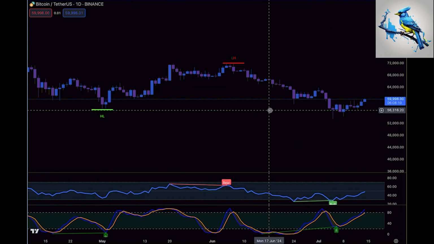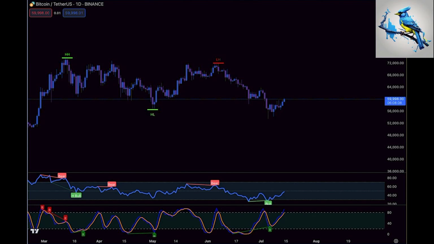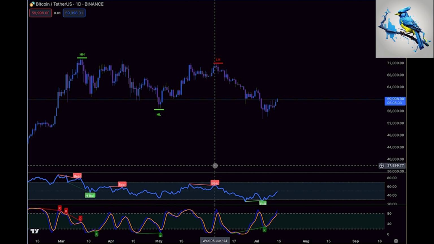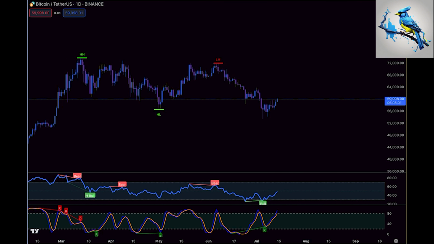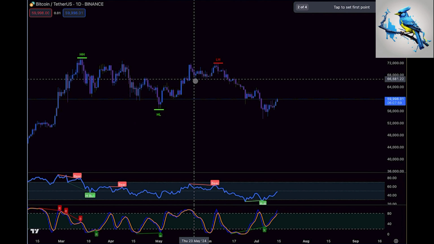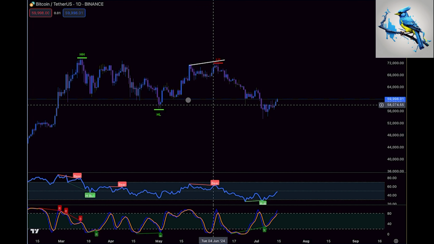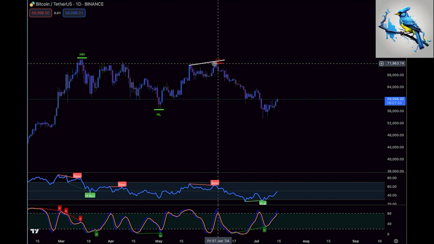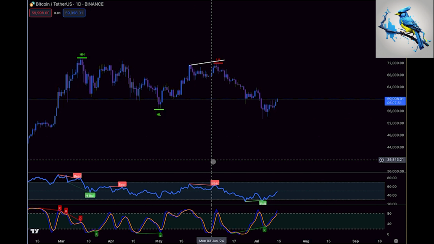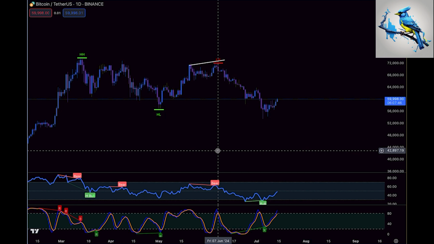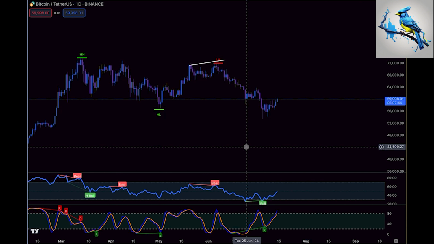So if we go back to our chart here, and we go back to the divergence that we found, we'll put that on. We knew that price was at a resistance level here. We knew that we created bearish divergence on our RSI, and we're on the daily time frame, so that's a very powerful signal.